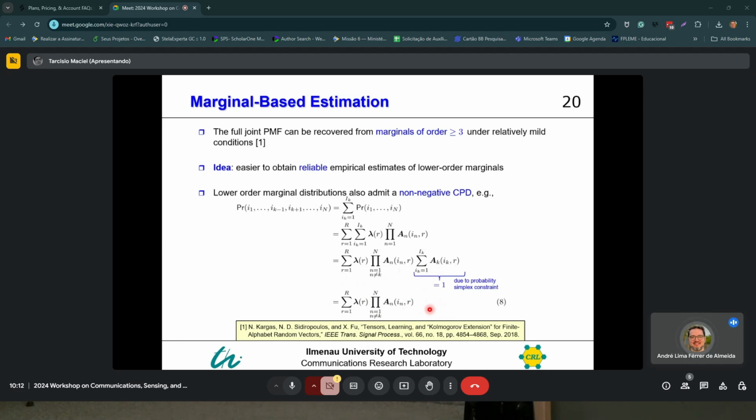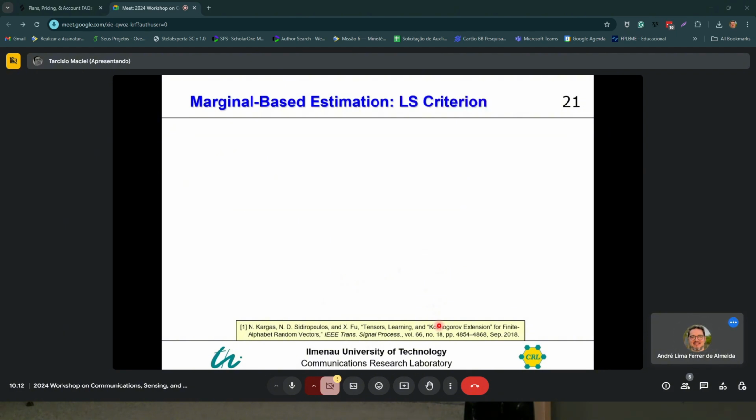And we can, of course, continue this process until there are only 3 random variables left. Then we just have the third order marginals, and we have the corresponding factor matrices there, right? Of course, then we get a coupled tensor decomposition, as we see later on. So estimating the third order marginal PMF empirically, for example, by counting all co-occurrences of triplet combinations is then easier.